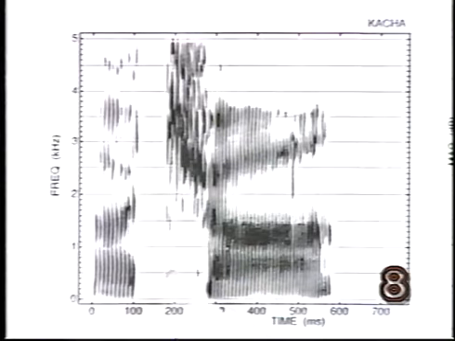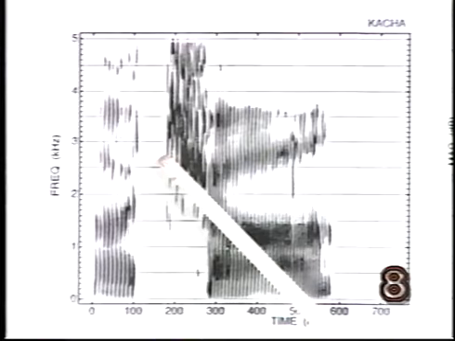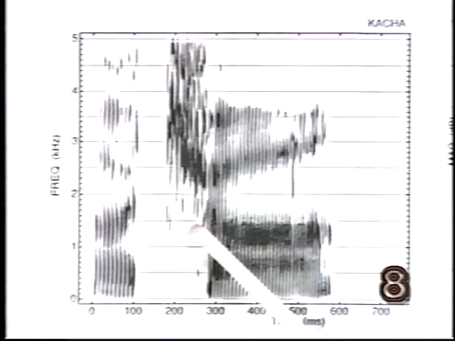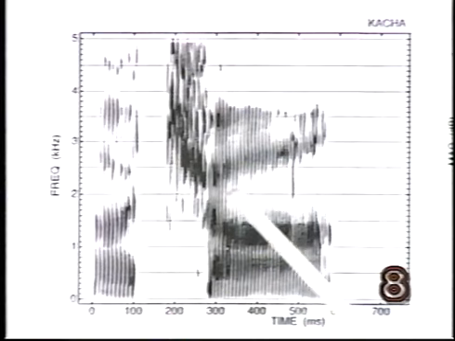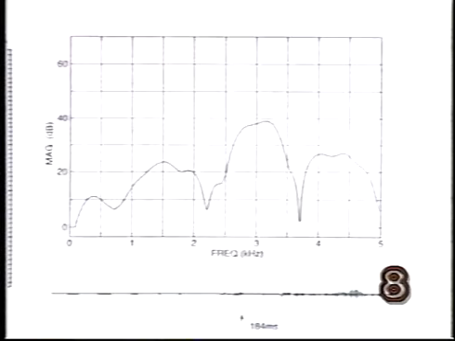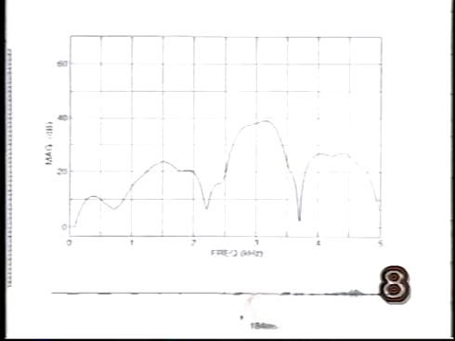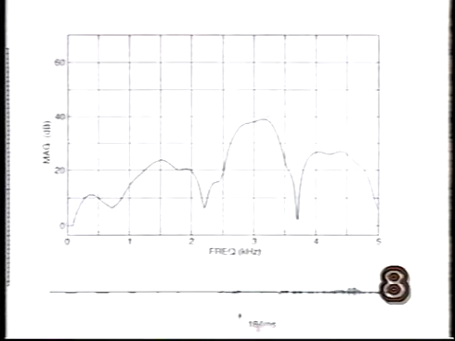Some of the observations we've made are summarized in this figure, which is actually from a different utterance. The spectrogram is shown here with the release at this point and the onset of voicing at this point. We'll show a number of spectra at different points throughout this release. At the initial release, there is a transient, presumably due to the abrupt discharge of the compressed air in the vocal tract.